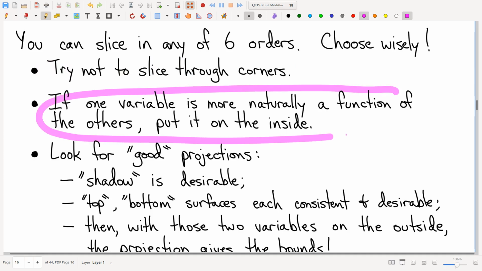Again, this isn't always true, but if you really have a significant algebraic preference to have one of the variables be a function of the other 2, put it on the inside, where that is in fact what you will be solving for as a function of the other 2.